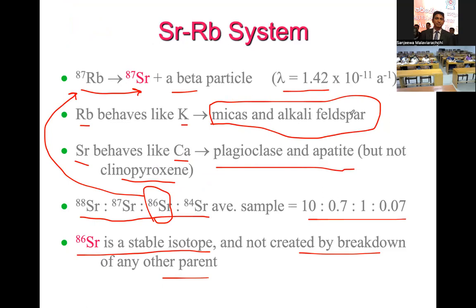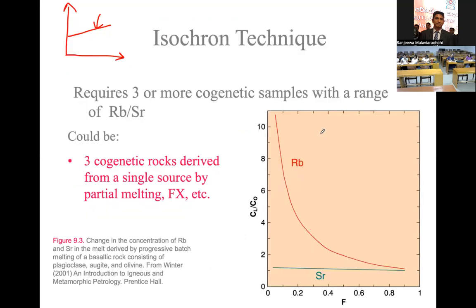If you separate them out, separately measure their isotopic ratios and plot them, then, if they are originating from a single source, that means the rock has behaved as a closed system. If nothing has come in from the external system, or gone out from the system, the rock itself has remained a closed system for the given period of time.